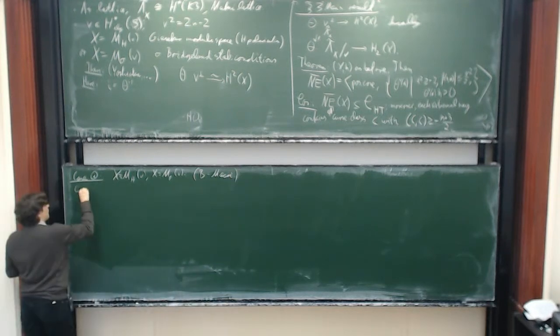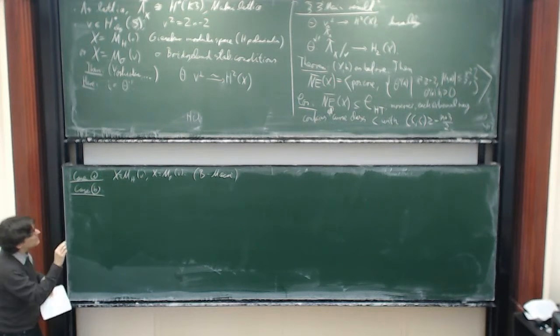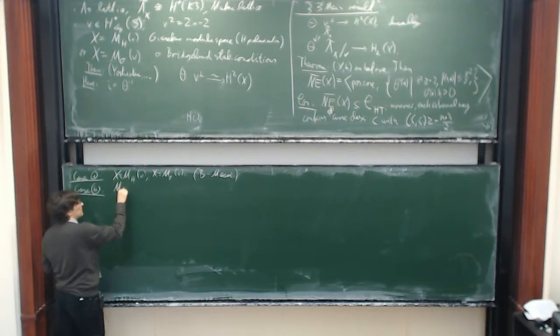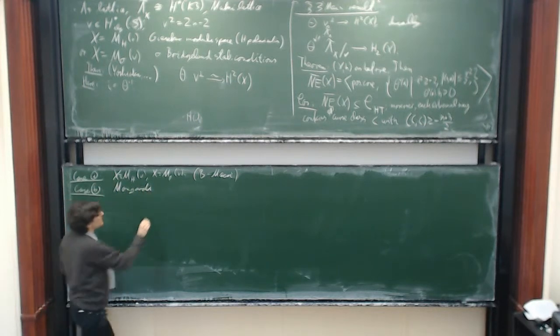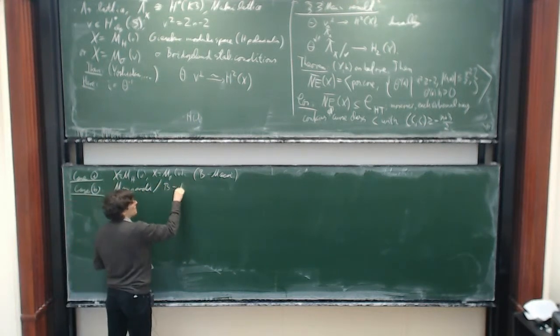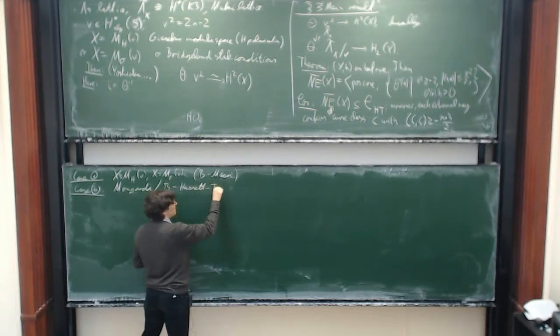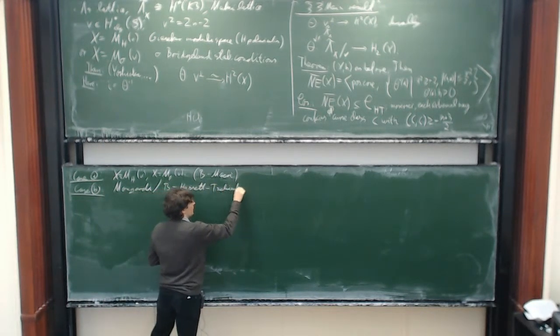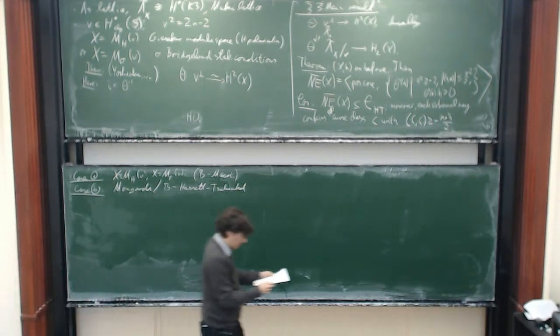And then deforming from this case to the general case was done by Giovanni Mongardi using twisted deformations, and independently in a paper by myself with Hassett and Tschinkel, using deformation theory of extremal curves.